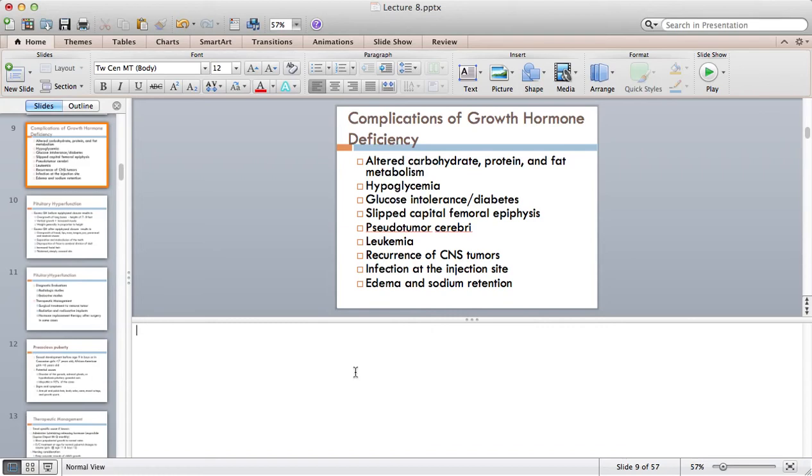Sometimes it will be infection from the multiple injection sites and or from the surgical site. And also you can have retention of fluid.